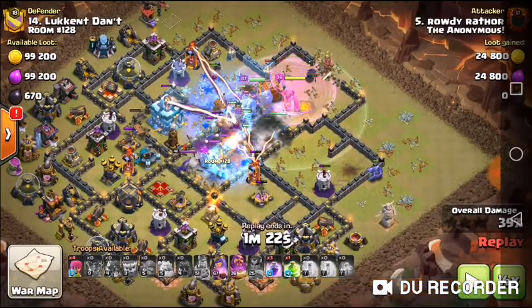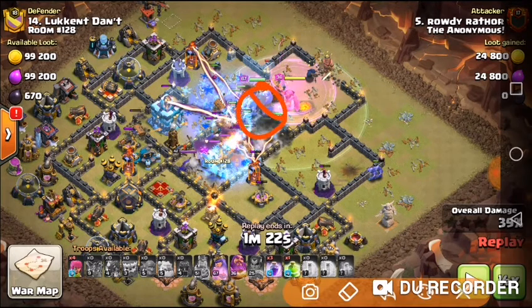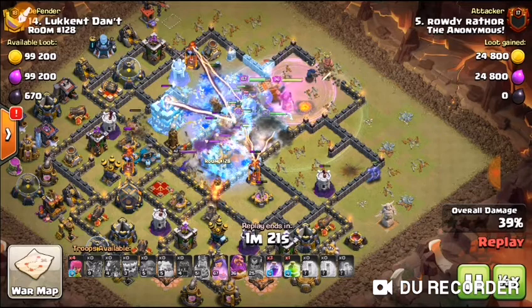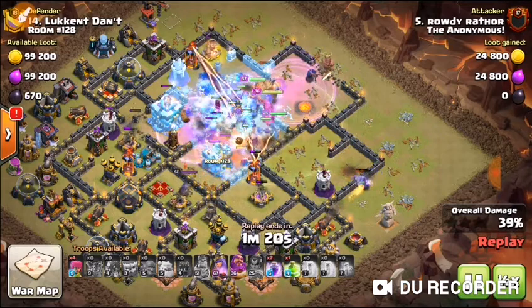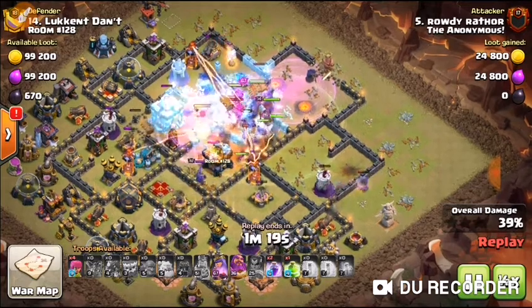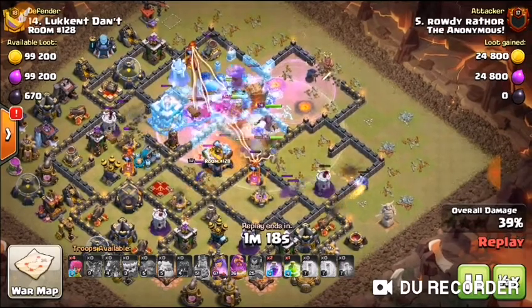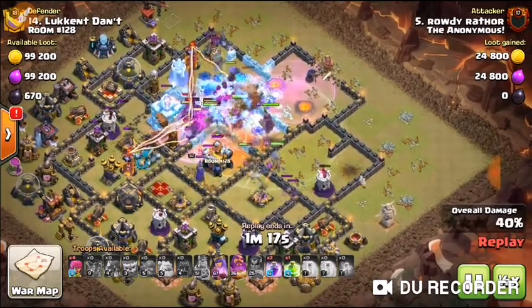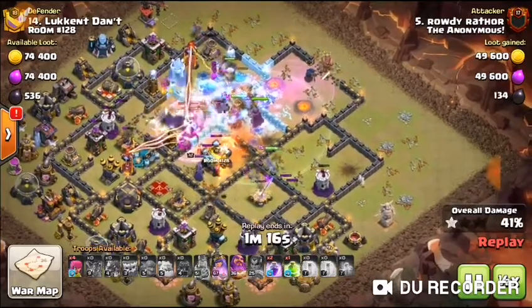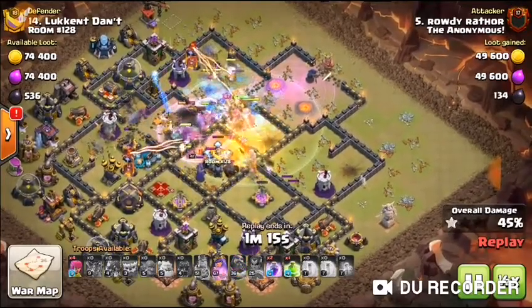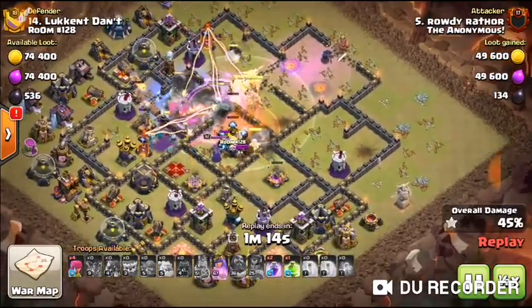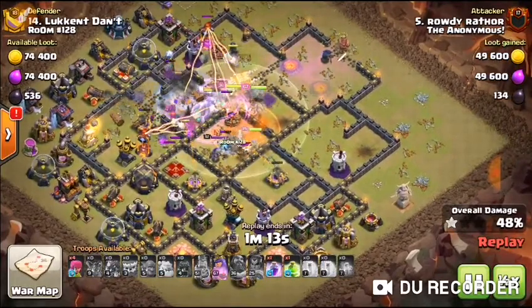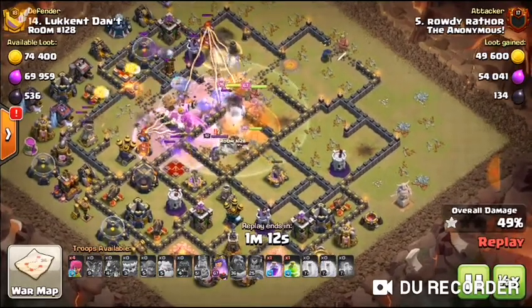Also he has pushed itself to this area. Again he has deployed one rage spell, and almost the area covering the rage spell is cleared.